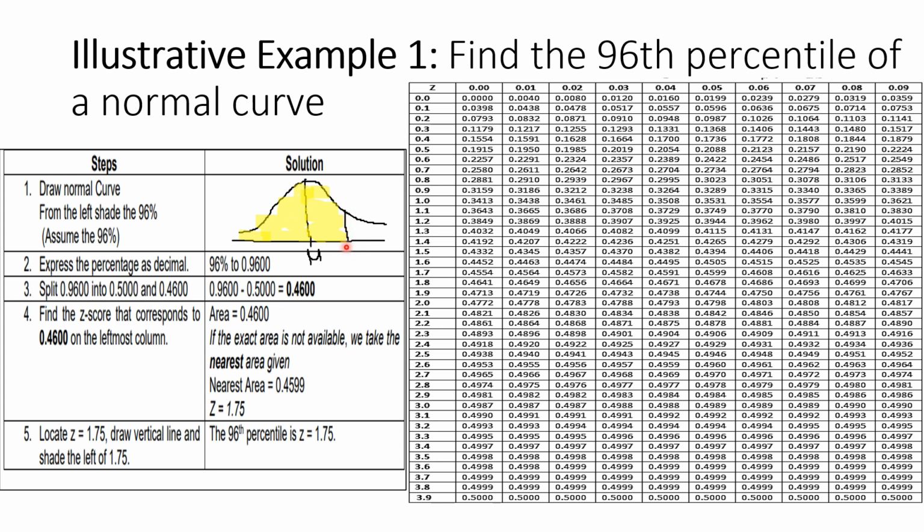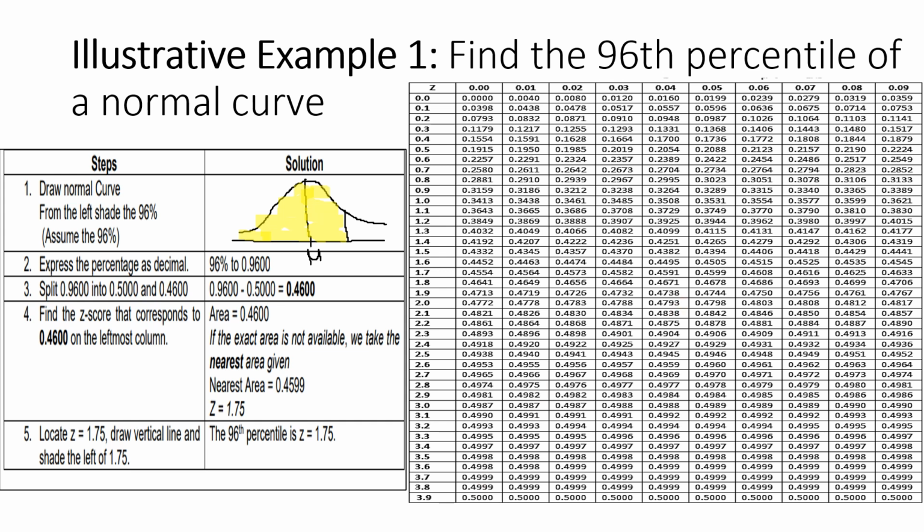We will get it by using the z-table. So how do we get 0.46? It's the reverse: we start with the areas. We find 0.46. If it isn't there, we get the nearest area to 0.46.